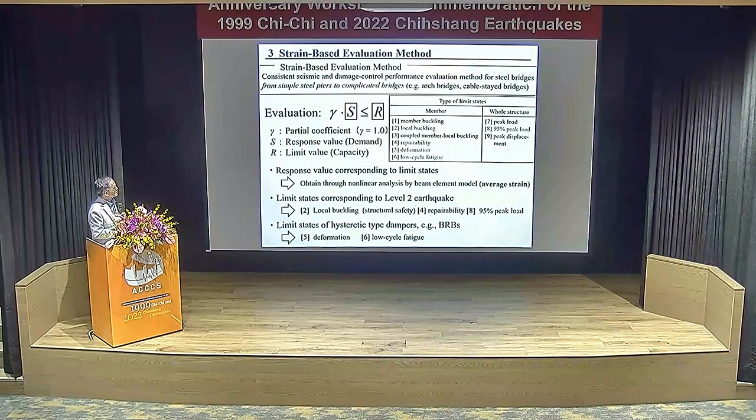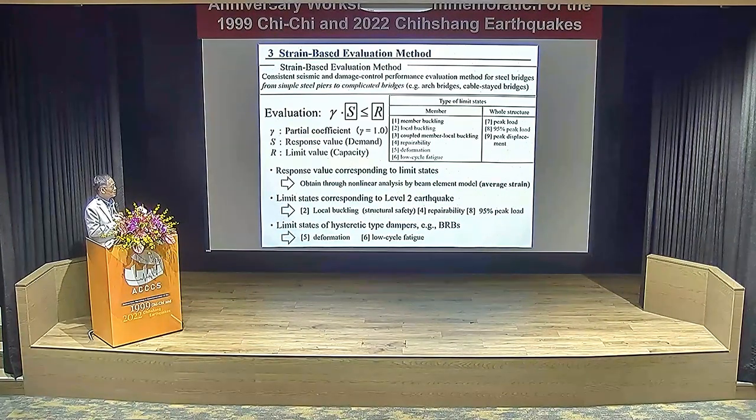In the strain-based evaluation method, we use this format. This is very common: this is the response, and this is the limit value at the capacity, just to check this equation. In this study, we use partial safety factor gamma as 1.0.